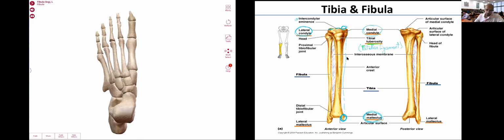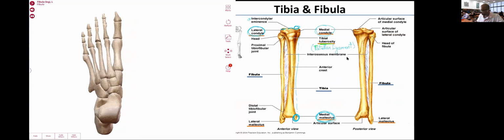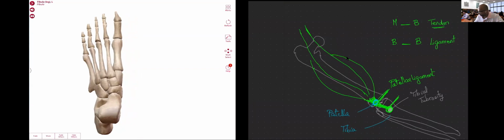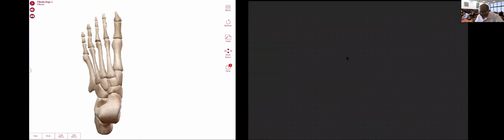When we studied the bones of the hand, we started from the carpal bones, and remember, we did have 8 carpal bones.